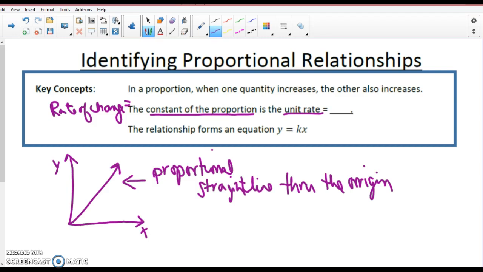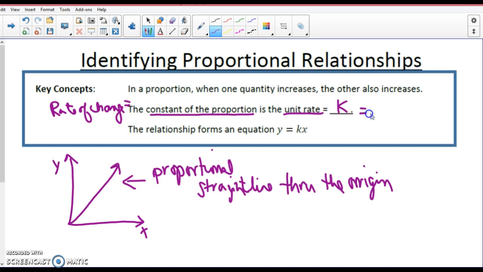It is called K. In 7th grade, we use K for the unit rate, constant of proportionality, and rate of change. When we get to the algebra part of this, in a week or two, we're going to call it M for slope. It's the same thing, except these graphs only go through the origin.